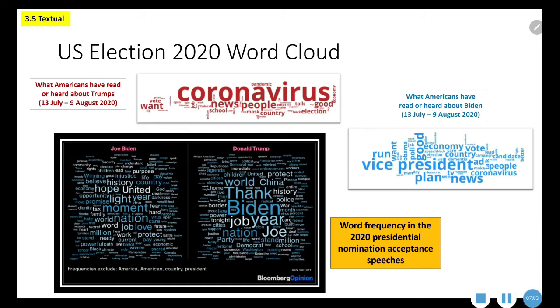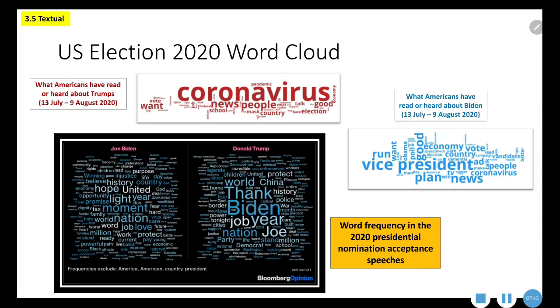This was observed from July 13 until August 9th of this year, and when Americans heard about Trump, coronavirus is the main word that reminds them of Trump. Probably due to the issues of how he handled coronavirus in the US, coronavirus is the top word for Trump.